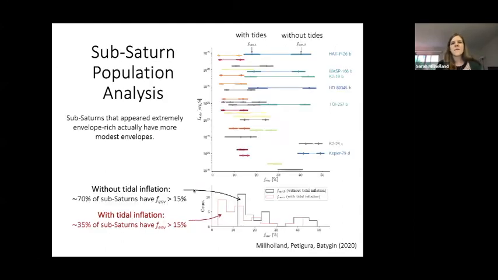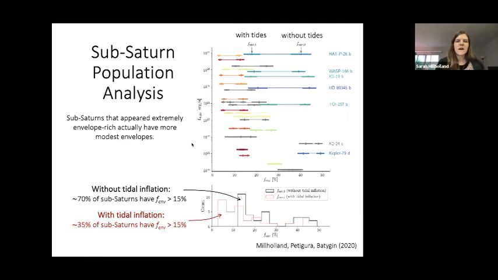So I'm running out of time, but we looked at this for just the whole sub-Saturn population with well-measured densities, and we found that many planets in this regime can have been strongly affected by tides, in the sense that when we derive their envelope mass fractions without tides and with including tides, we see pretty large differences in those two derived estimates.